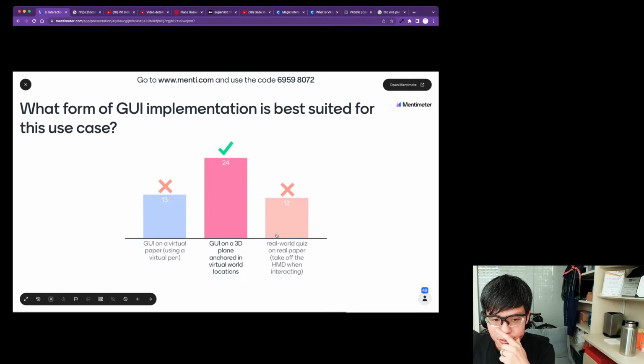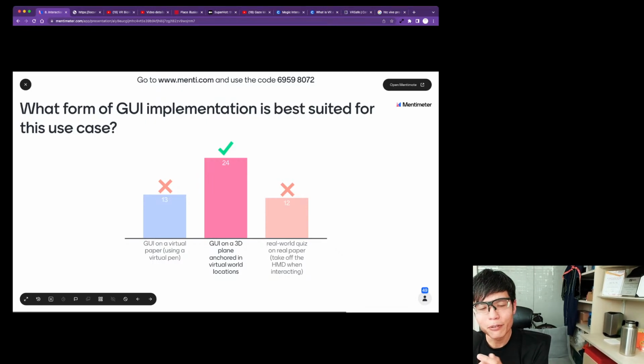Sorry, I think the answer for this question is wrong. I apologize for that. The answer for this one should be to take off the headset and do the quiz. Because, as I mentioned, in this use case the client can only use Google Cardboard.